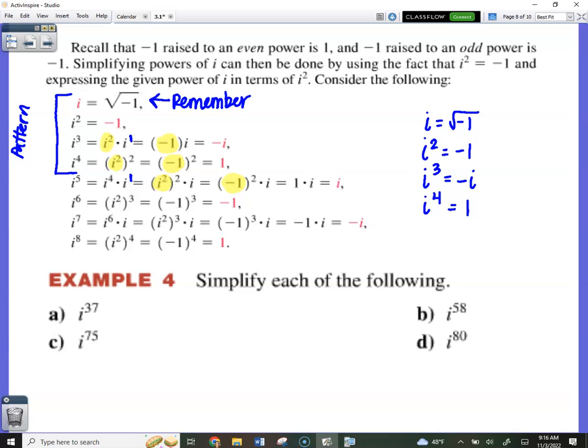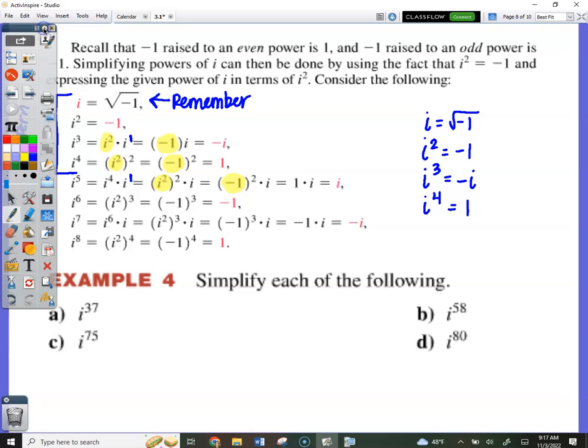i to the 37th power. Yes, I know you can type it in your calculator. Let's look at it by hand. All right, i to the 37th power. You're going to take the exponent and divide it by 4.